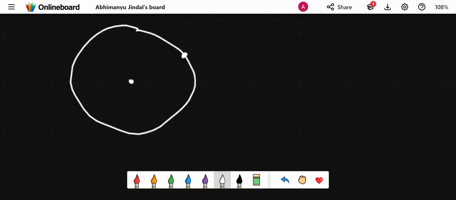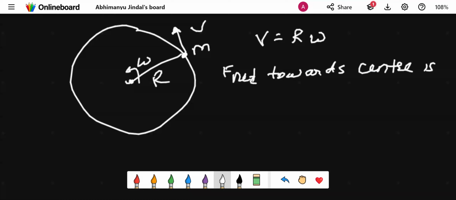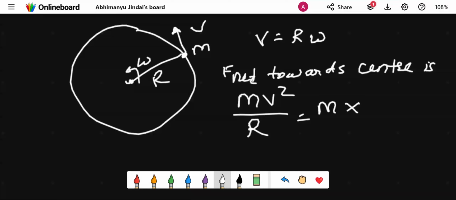Hear this concept very properly. Let's say a body of mass m is moving with velocity v, v equals r omega, radius r. The net force F net towards the center is mv square by r. Why? Because net force is mass times centripetal acceleration, which is mv square by r. This is always the net force towards the center.